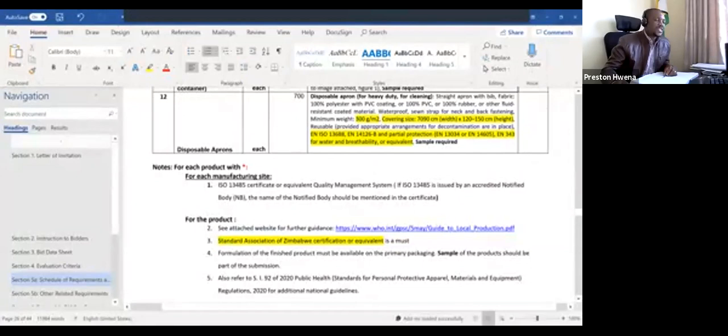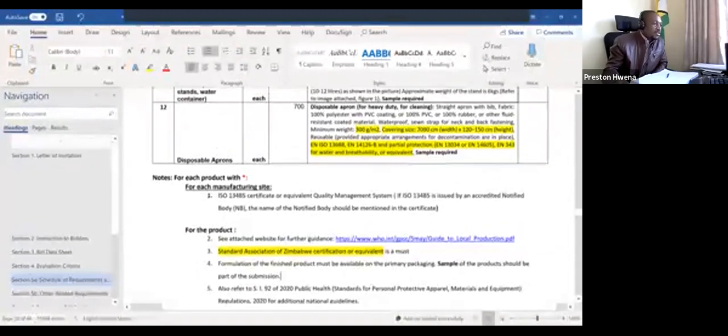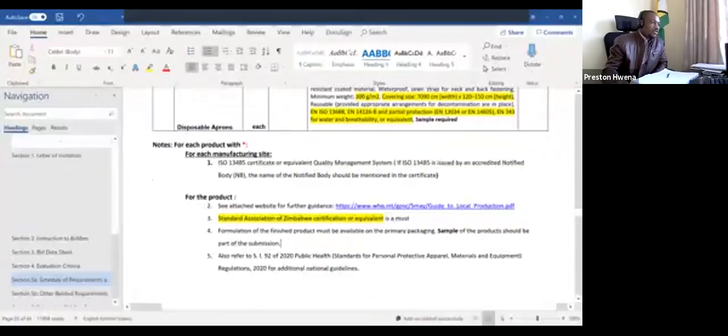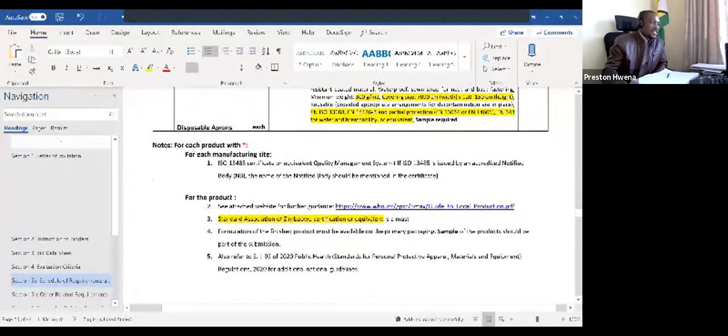And for local manufacturers or local suppliers, please be guided by SI 92 of 2020, the Public Health Standard for Personal Protective Apparel, Materials, and Equipment Regulations of 2020.